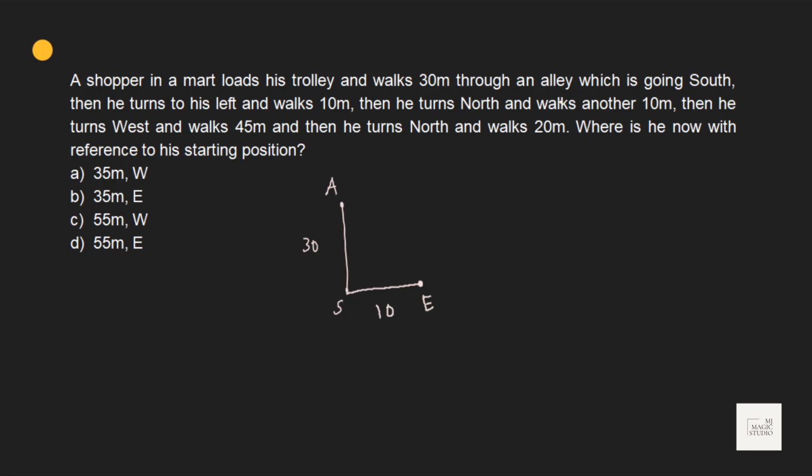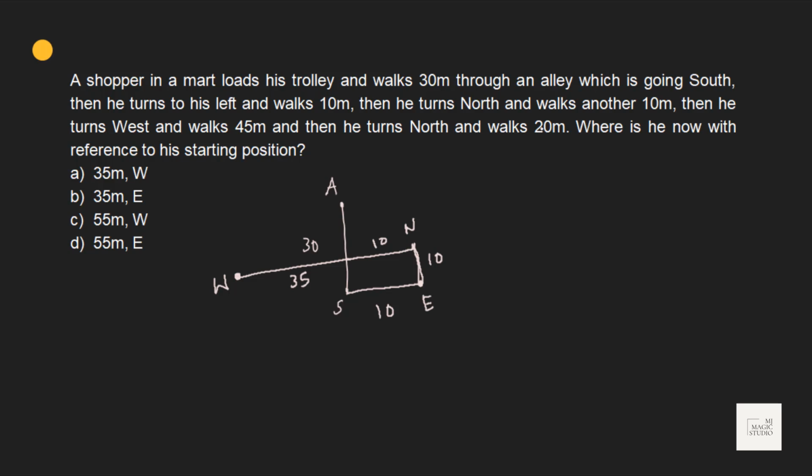Then he turns north and walks another 10. North 10. He turns west and walks 45. West and 45, so this will be a coverage of 10, 45, that means a coverage of 35. So he's here now, west.